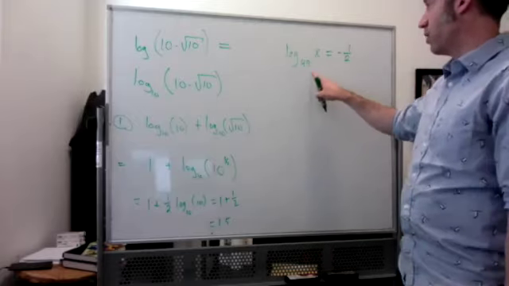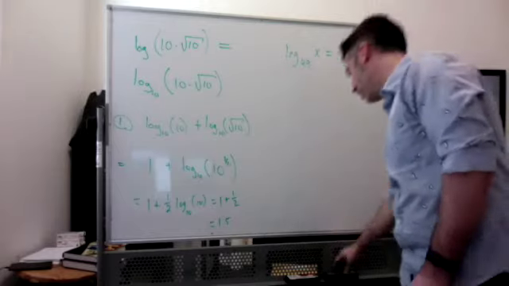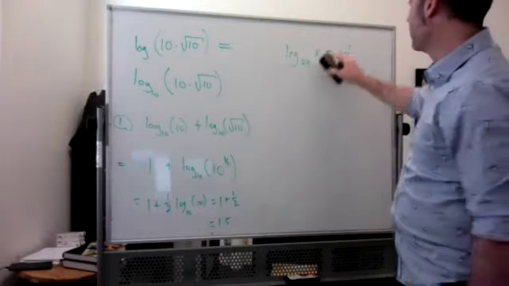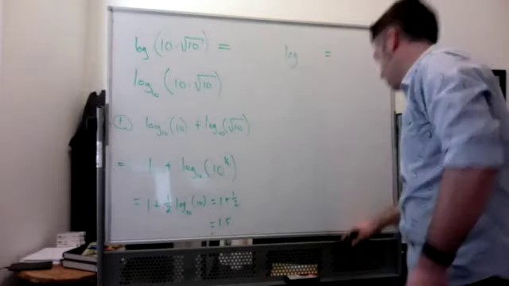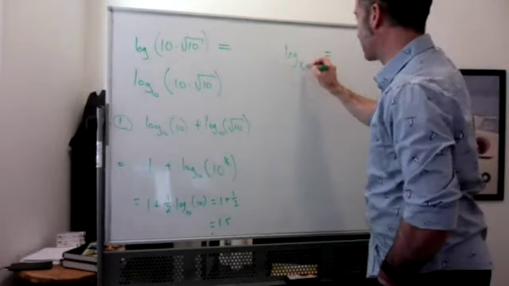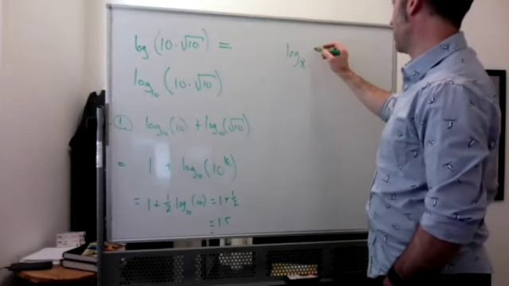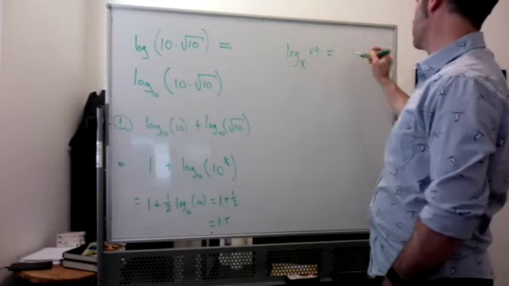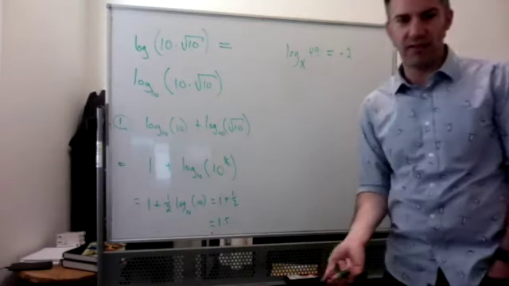So this one, if I'm trying to solve for x here, I would most likely be, oh no, I remember what it was. It was slightly different, sorry. It was log base x of 49 equal to negative 2. Yeah, that was more like the problem.